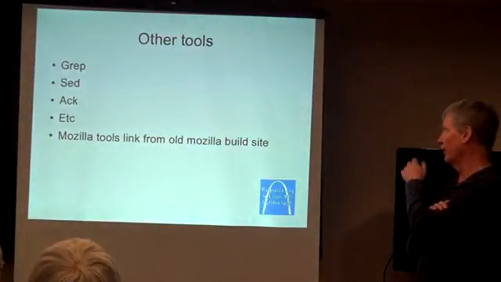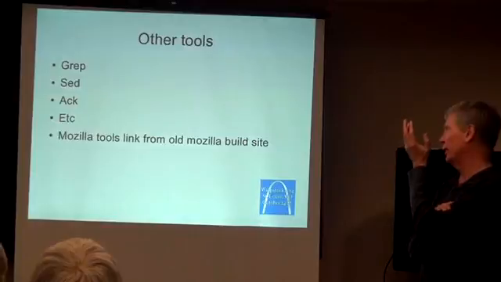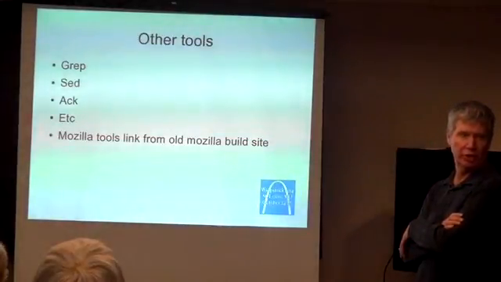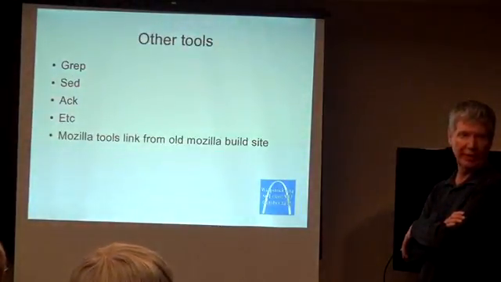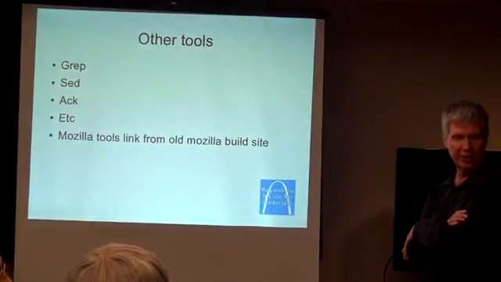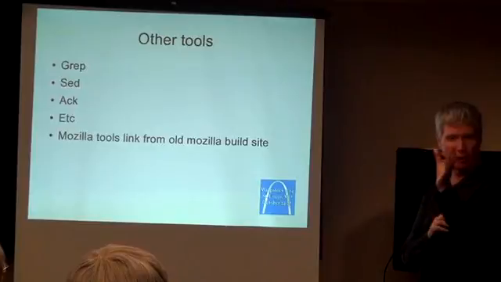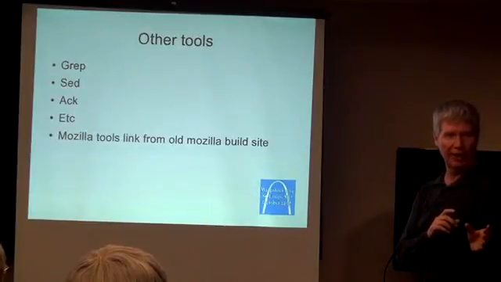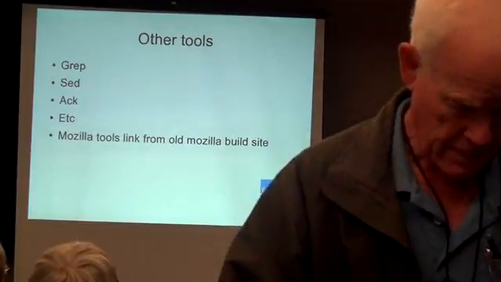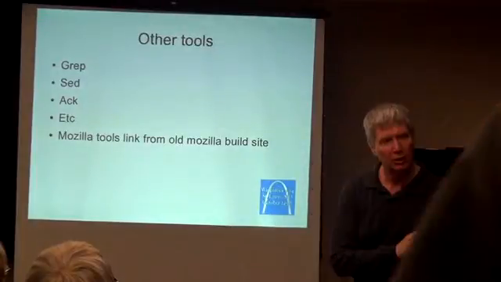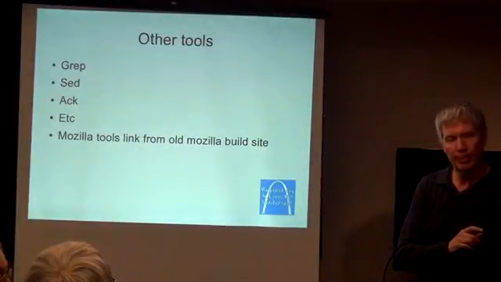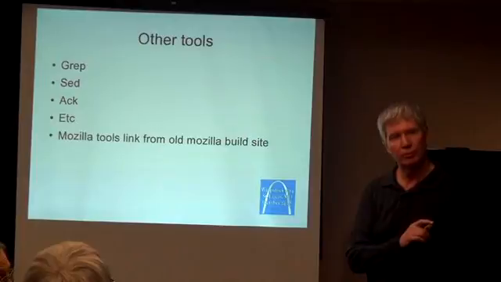And then you have to think of other tools, grep, sed. Can you still get to the Mozilla tools package? Are those links still there? The IBM supplied ones? Well, not the IBM supplied ones. It's the one that was on the page that told you how to build Mozilla back when. That page sort of got updated, so it's got proper links.